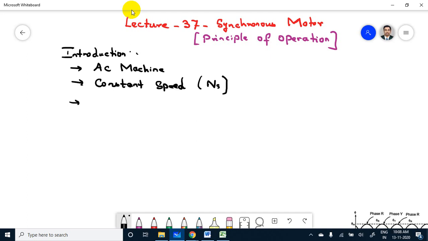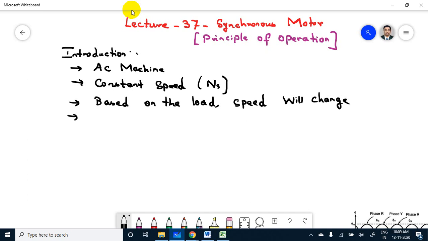Okay, and based on the load, speed will change. And this synchronous machine is available with rating 15 kilowatts to 15 megawatts.